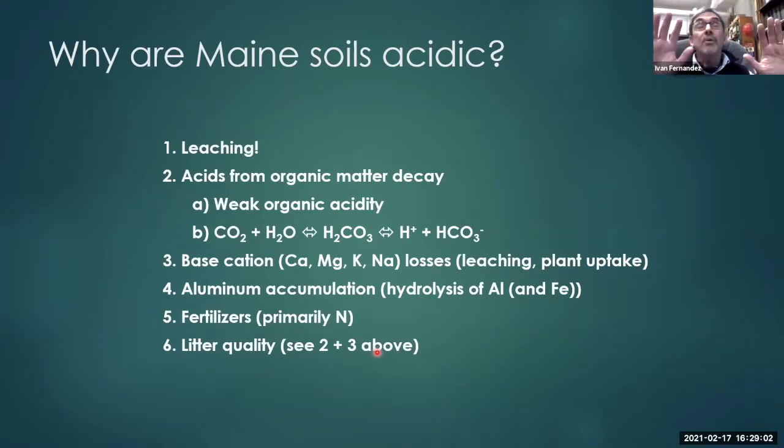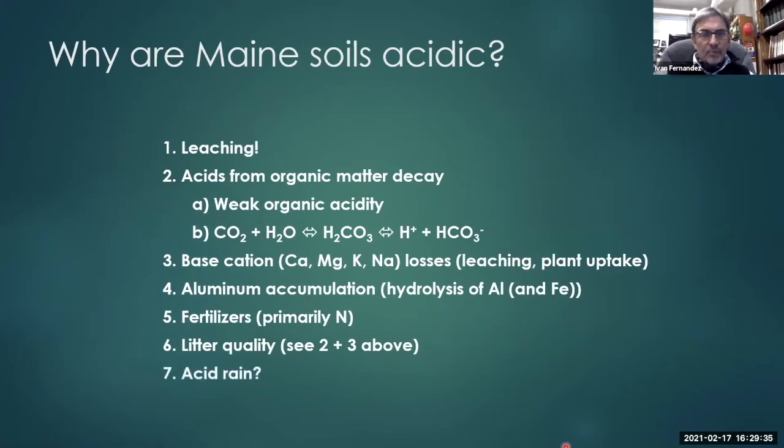Acidity is higher, because the litter quality ecologically is poorer in spruce fir or even pine. So if you put a pine bark mulch on compared to a composted manure, the pine bark mulch is going to tend to acidify because it's not giving you many base cations and it's giving you organic acids, whereas the composted manure is chock full of good nutrients as it decomposes.